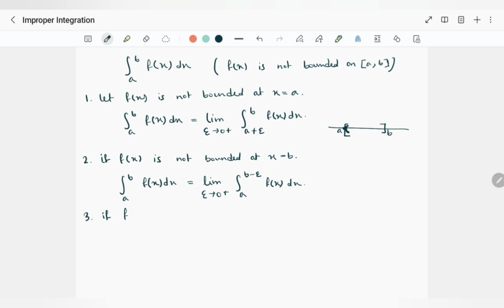Now what if the function is not bounded at a point c, where c is in between a and b?